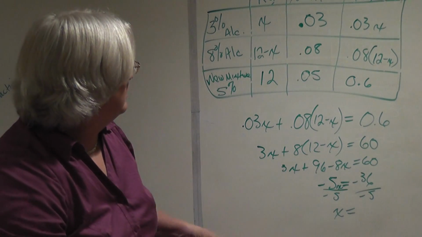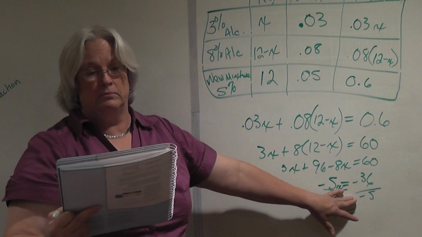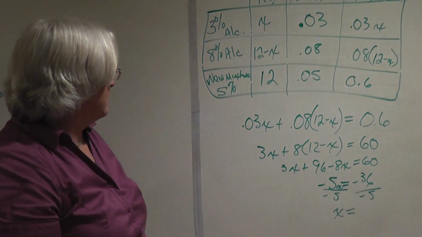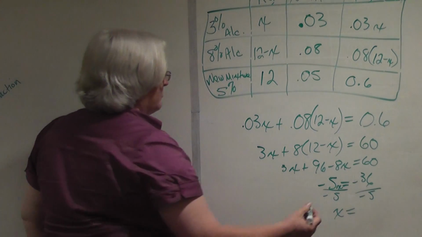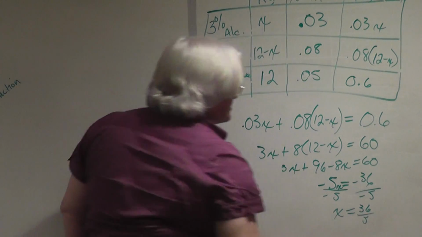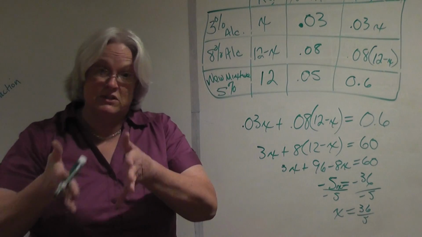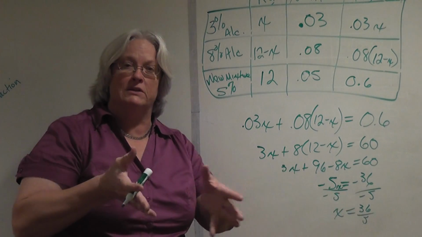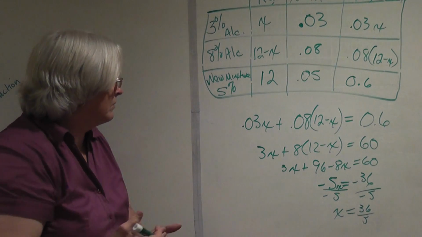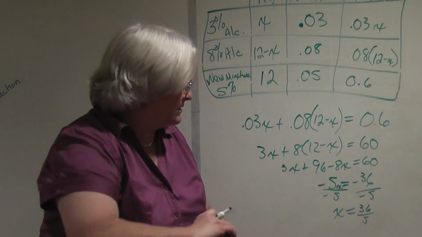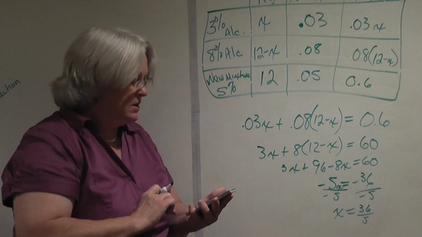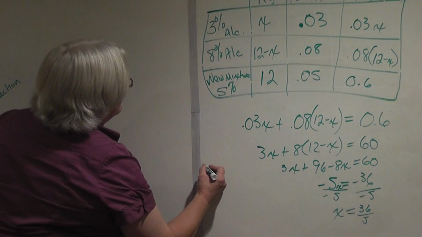Now, that's not really going to work very well for what we need, because we're not going to want to mix fractions here with the kilogram. This is something that we've been learning in chemistry, even though for the purposes just of algebra, 36/5 would be a nice number. We're going to convert that into a decimal number because that's what scientists like to work with. So 36 divided by 5 is going to give us a value of 7.2.